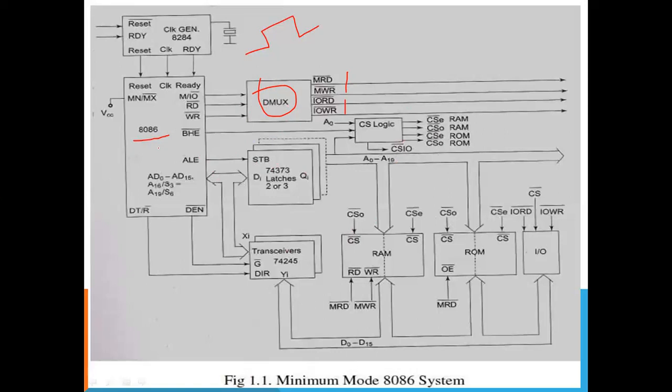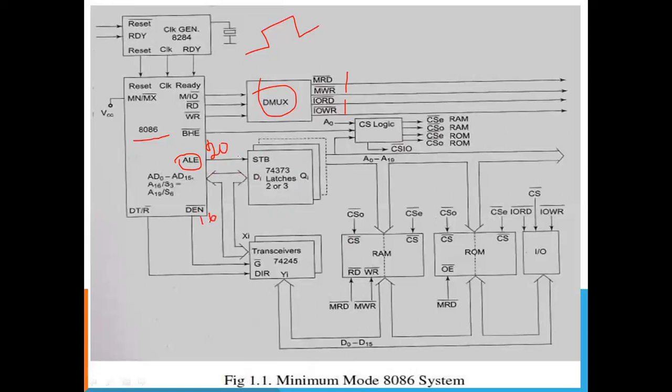The 8086 microprocessor controls a 16-bit data bus and a 20-bit address bus. Here one square shape is called one latch. One latch is 8-bit. The 8086 processor supports a 20-bit address bus, and data enable is only for the 16-bit data bus.